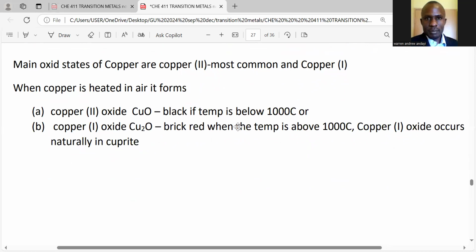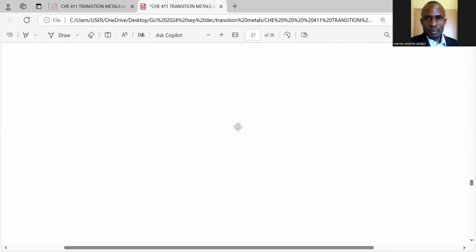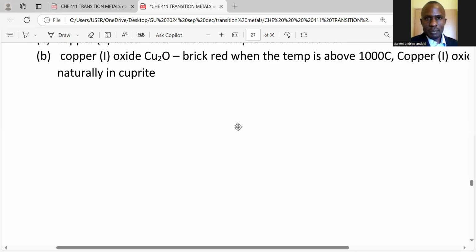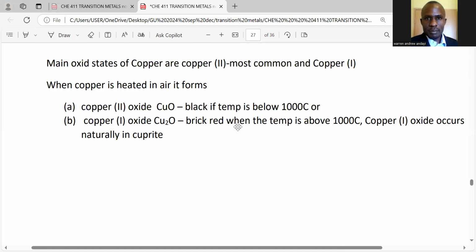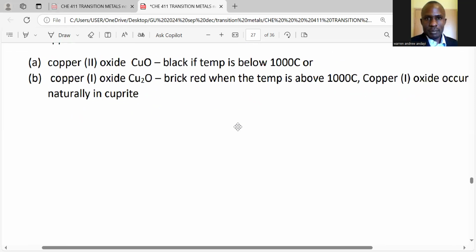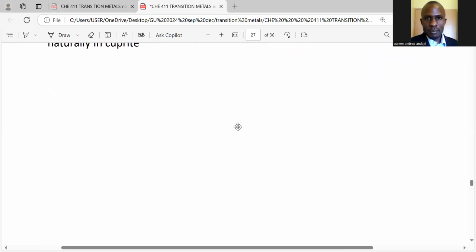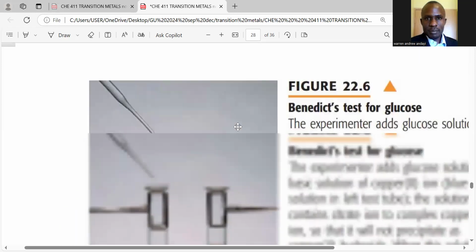It is called cuprite, copper 1 oxide. That one is an oxide that occurs naturally, possibly due to volcanoes, because you can imagine what naturally will create temperatures above 1,000 degrees. Most likely it is volcanoes. It tempts me to wonder, are the red volcanic soils full of copper? You can find out, but mostly they're full of iron anyway. So that's food for thought.